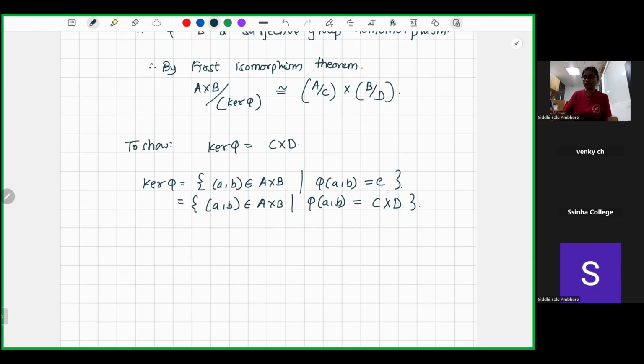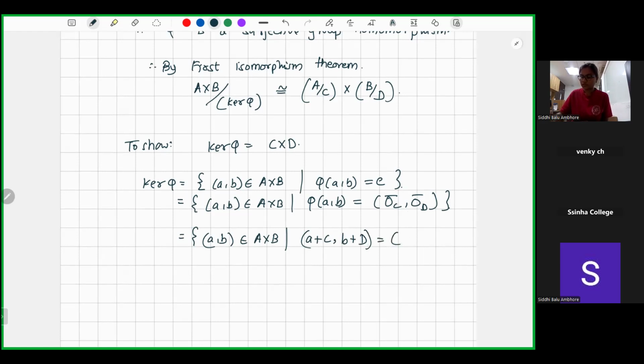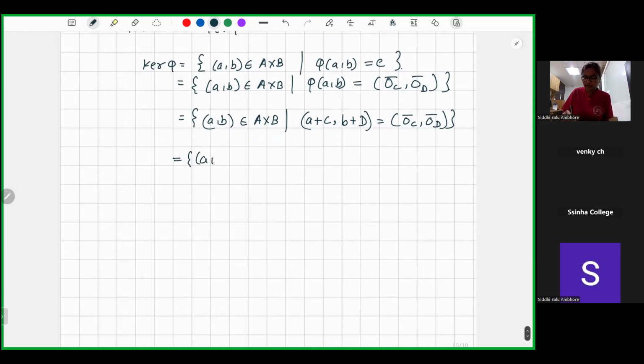In the quotient, the identity is (0 bar C, 0 bar D). So the kernel is all those (a, b) in A cross B such that (a plus C, b plus D) is equal to (0 bar C, 0 bar D), and this implies a plus C is 0 bar and b plus D is 0 bar.